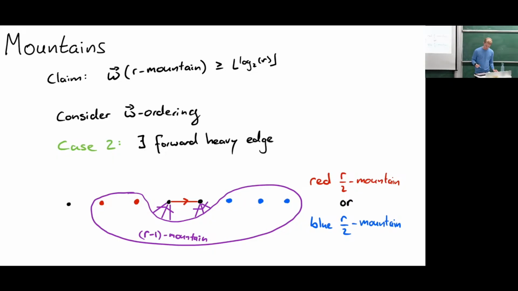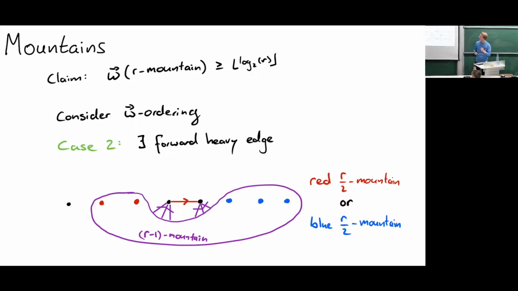And what we're then going to notice is, well, we definitely, by the previous claim, have either a red R/2 mountain or a blue R/2 mountain. And by induction, we then know that it has a red clique or a blue clique in this ordering of size at least one less than what we want.